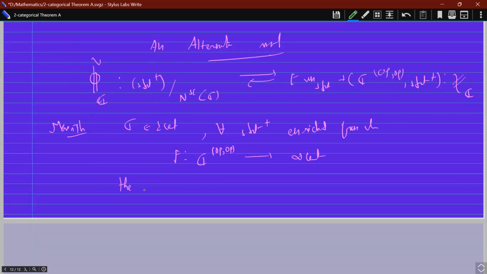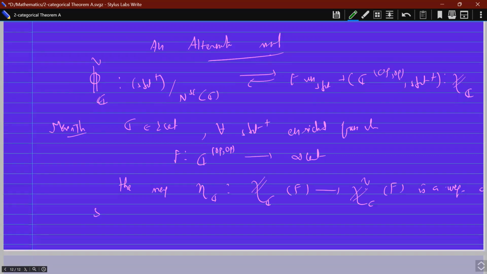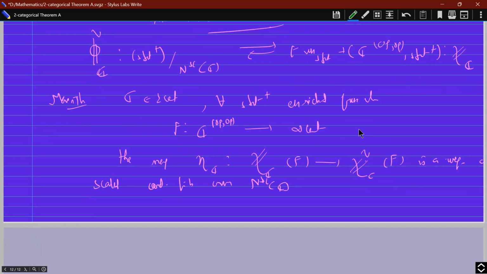So the map, so this is the main theorem, as I said. So eta tilde is the version that we want, is a weak equivalence of scaled Cartesian fibrations. So scale now. Right. So yeah, this is what we want.